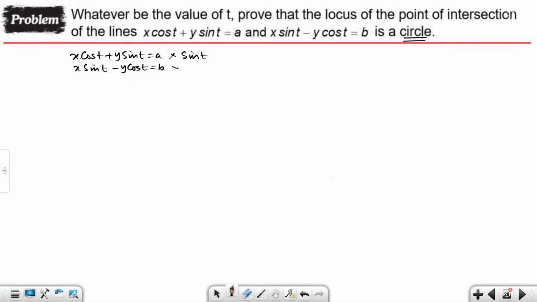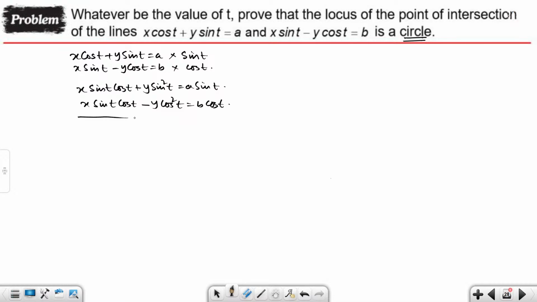I'm multiplying the first one with sin t and the second one with cos t. So we are getting... now simply subtract.